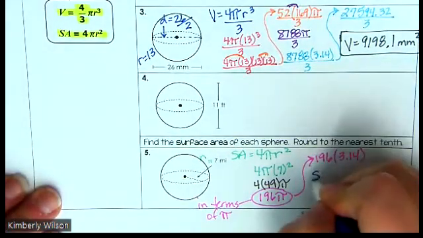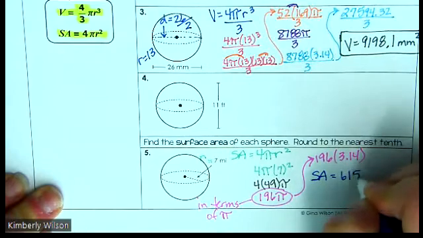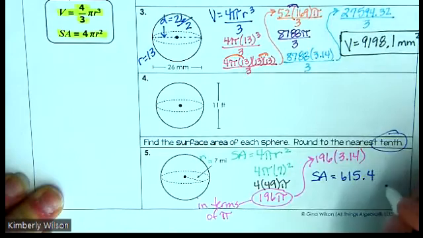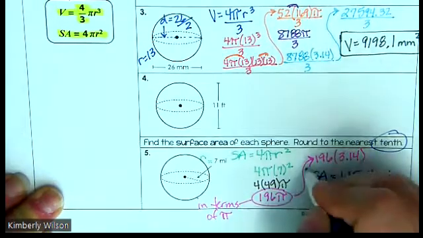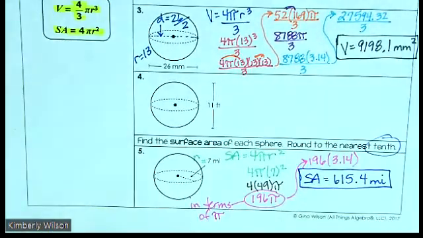So my surface area is equal to 615.4. It once rounded to the nearest 10th, and this is miles. That's a big sphere.